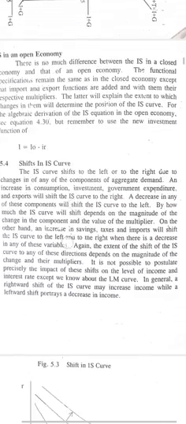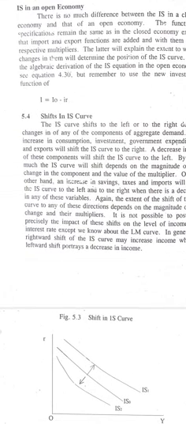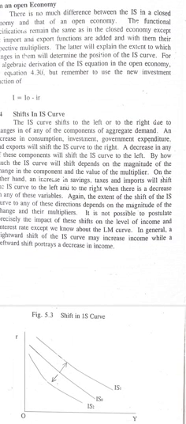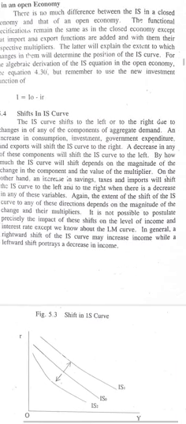Now let's look at the shift in the IS curve. The IS curve shifts to the left or to the right due to changes in any of the components of aggregate demand, that is the total expenditure.